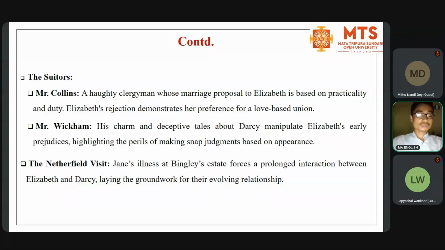But Elizabeth rejects Mr. Collins' proposal. The reason: Elizabeth Bennet always says that she will choose the perfect groom for herself. And regarding Mr. Collins, she says that Collins is all about himself.